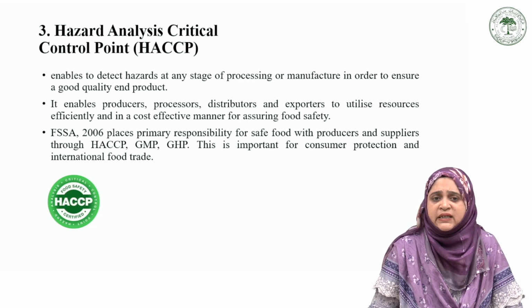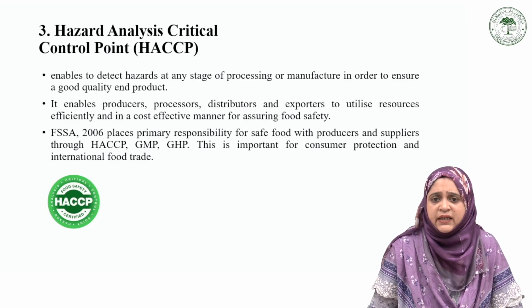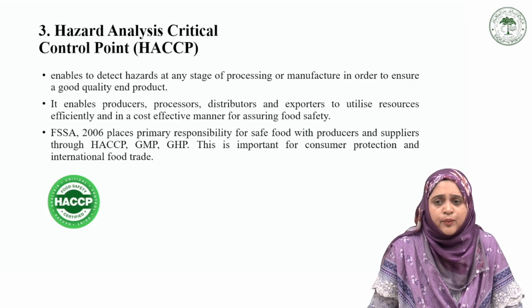And the third one is the hazard analysis critical control point. HACCP is a systematic approach to food safety and identifies, evaluates, and controls potential hazards at every stage of the food chain, from raw material procurement to final consumption.